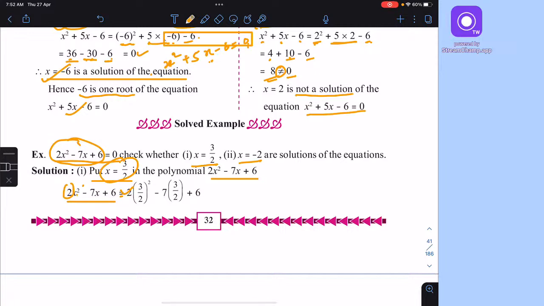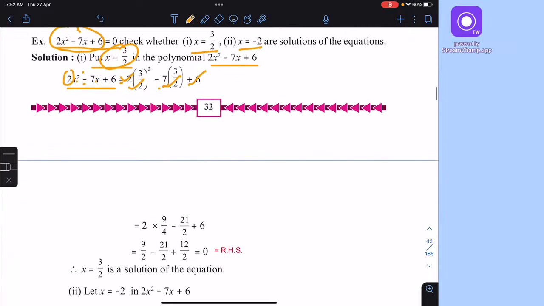So x square is (3 upon 2) square, minus 7 into x, that is minus 7 into 3 by 2, plus 6. So this becomes 2 into 3 square upon 2 square minus, that is what they have written here.